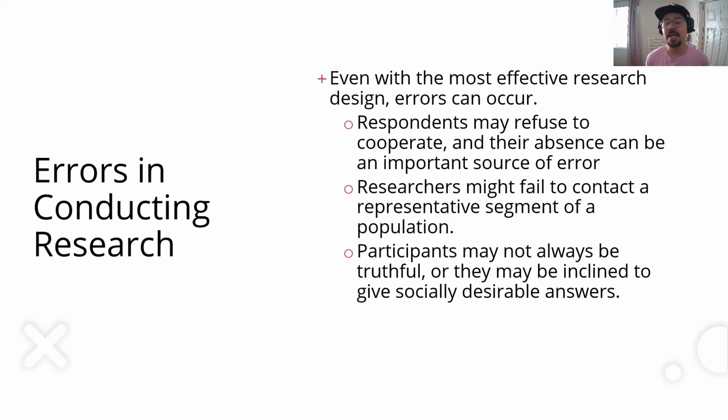In our society, it's not really socially desirable to be openly discussing your use of fentanyl, for example. And so if we are conducting research on fentanyl usage, we have to keep in mind that asking people about their usage of fentanyl can result in socially desirable answers of, no, I do not use fentanyl, right?